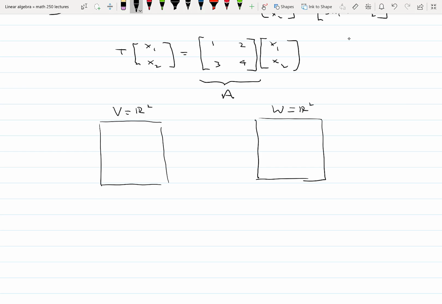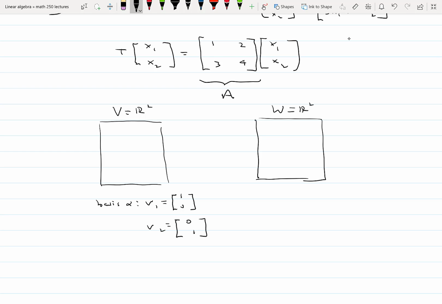And we have a specific basis, alpha, which is v1, 1, 0, v2, 0, 1, the standard basis vectors.